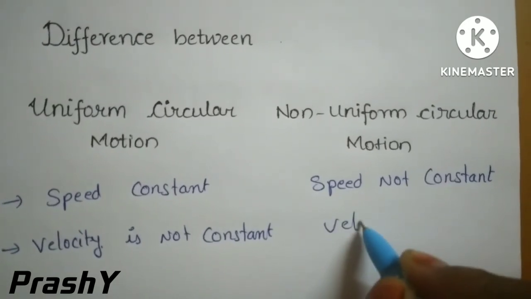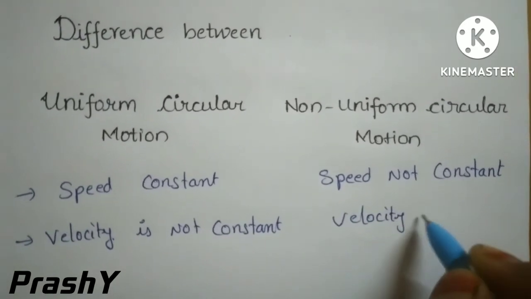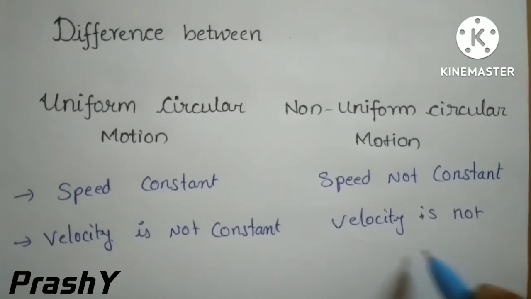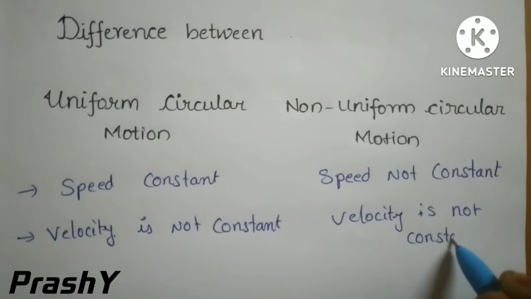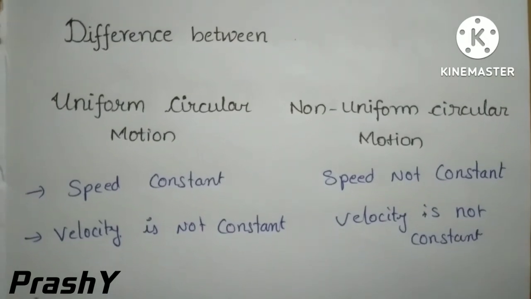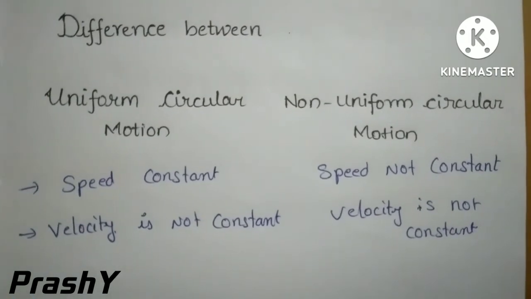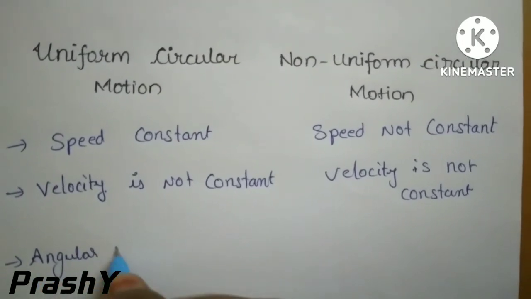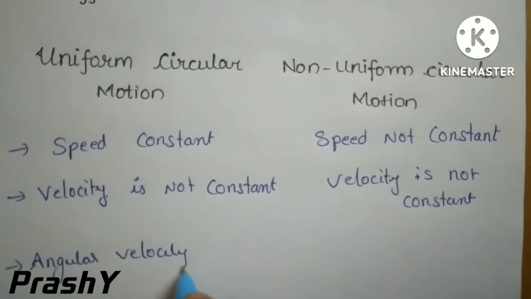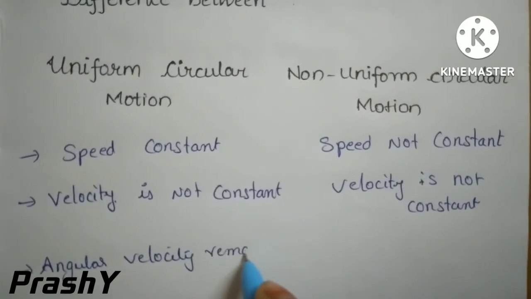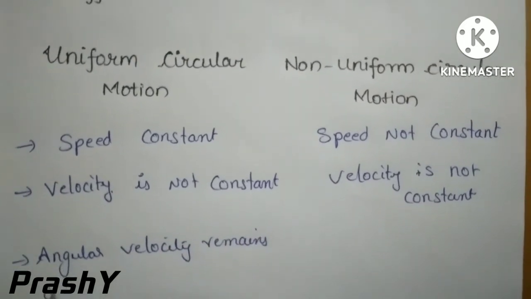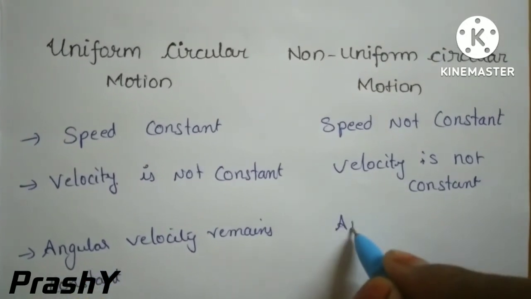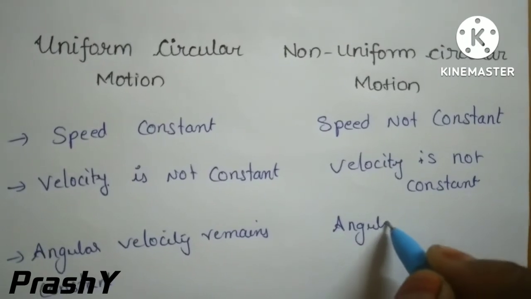In the non-uniform case also velocity is not constant, since speed is not constant. When it comes to uniform circular motion, angular velocity remains constant. But in non-uniform circular motion, angular velocity is not constant.